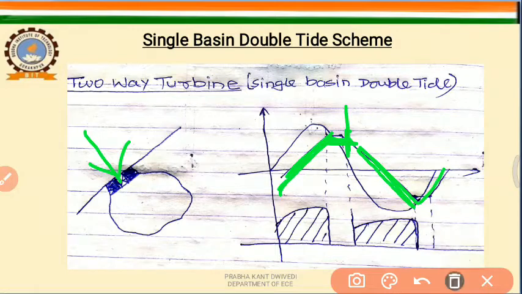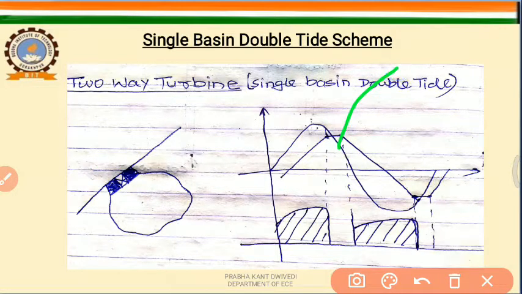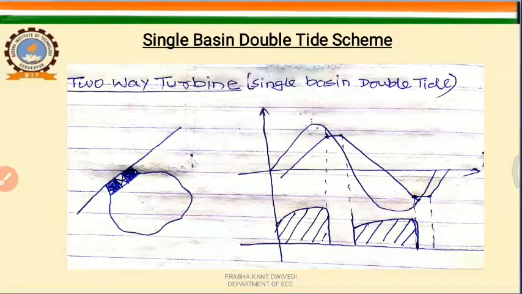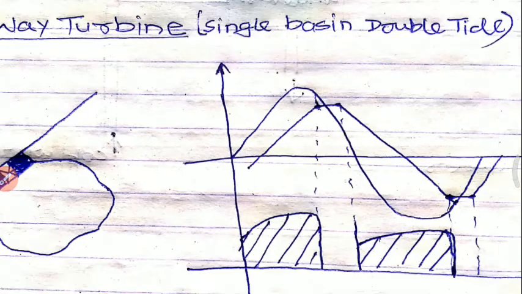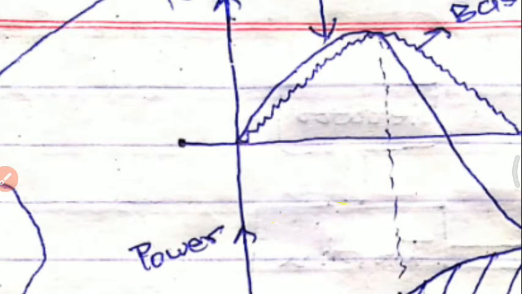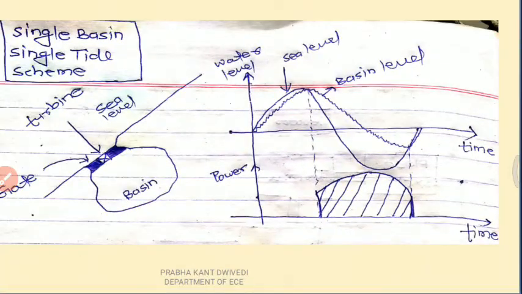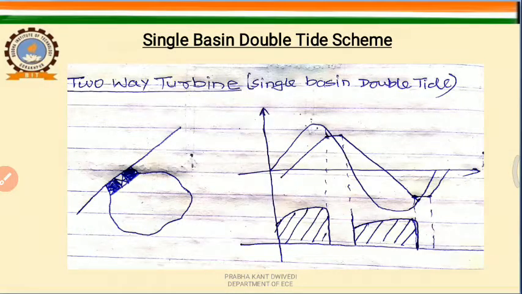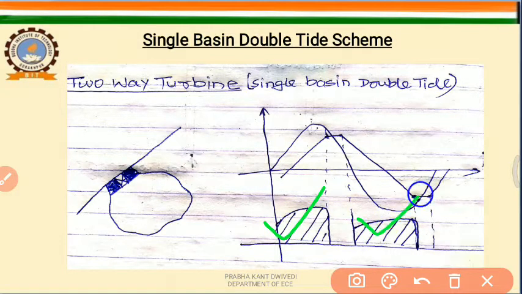That's why if we see the diagram for the power generation, we will see here the power is generated in both the cycles, as it is seen here, in this cycle also and in this cycle also.